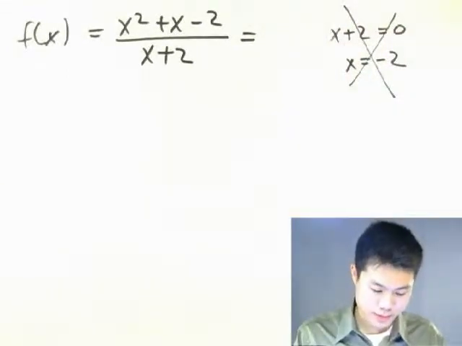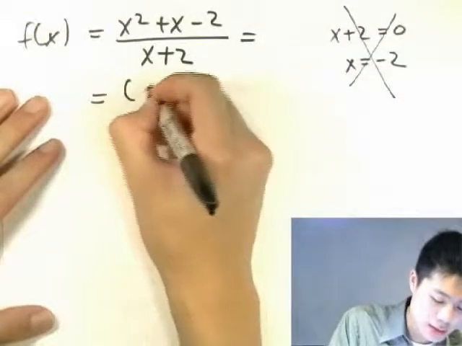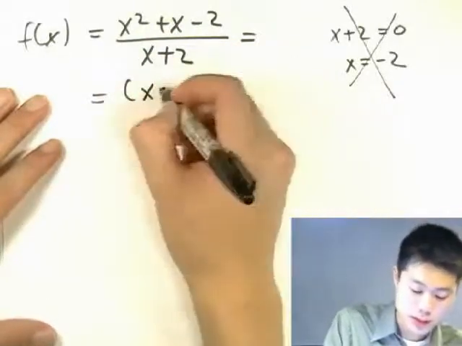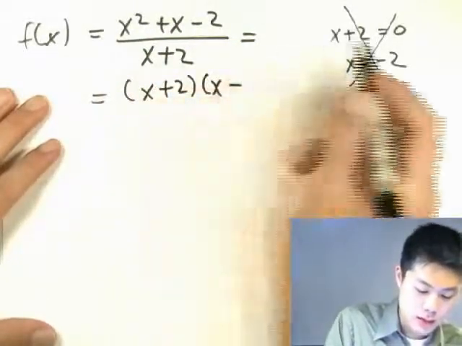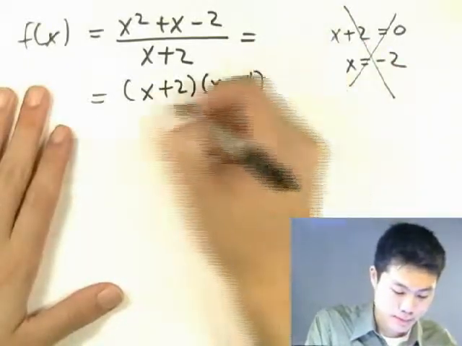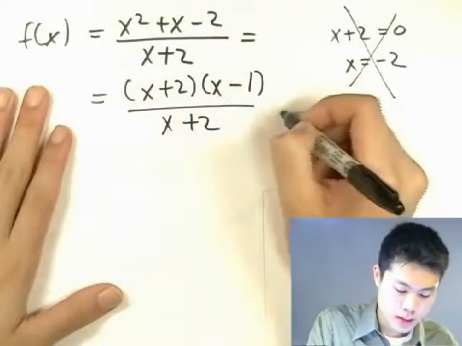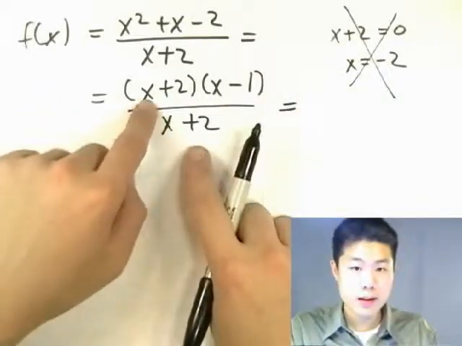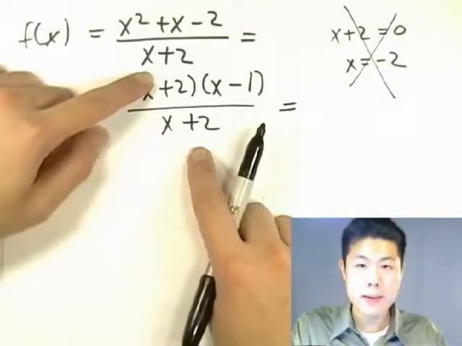So what is it? Well, let's factor it and take a look. So this factors out to what? x plus 2 times x minus 1. And notice that we have a common factor to both the top and the bottom.